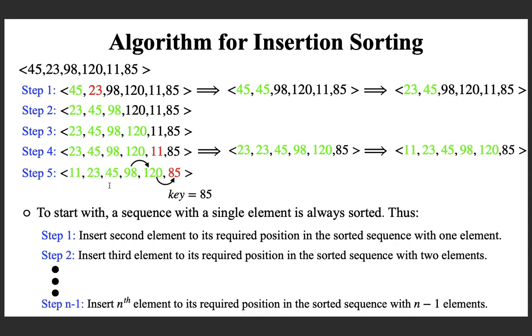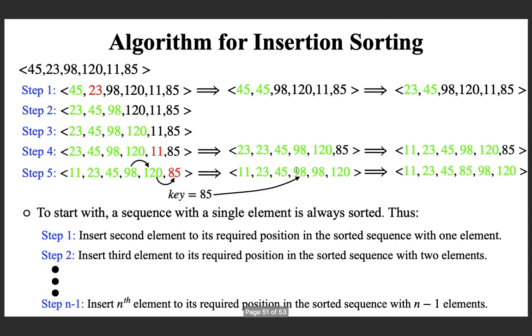You do not have to right shift this because this is not greater than 85. So, you will move this here first and then this here. After the movement, this is the list. Now, you have got this as the required position, you assign it to that particular position and you will get the sorted list.